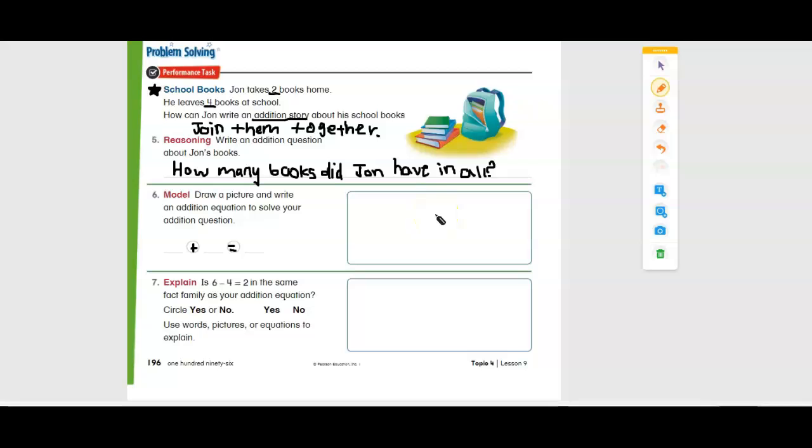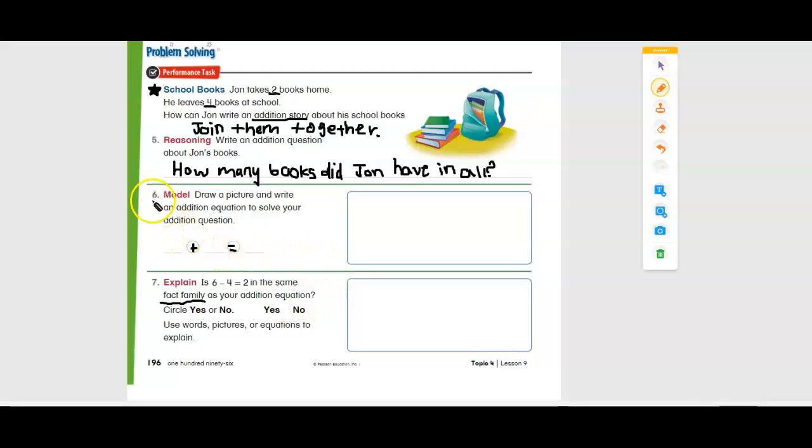And after you write that equation, number 7 says, is 6 minus 4 equals 2 in the same fact family, so remember our fact families, as your addition equation, circle yes or no. Now remember, in a fact family, both equations will have the same 3 numbers, so they will have the same parts and the same whole.